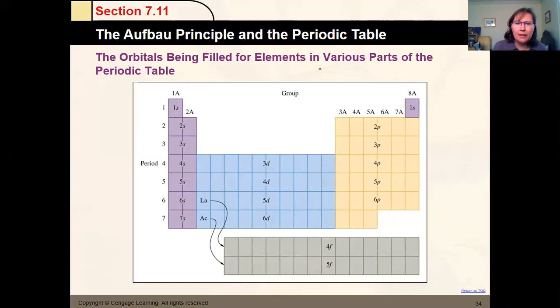You'll notice I'm going to give this some different colors. Here you have your S block, and it includes helium over here. Last lecture, we talked about what that means.